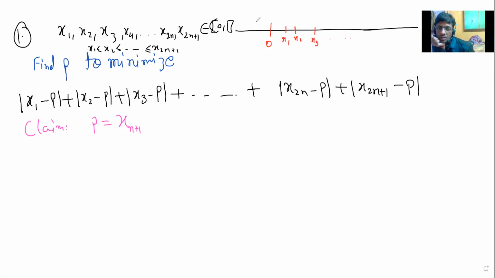But in this case, induction. Okay, how do you use induction? But let's do it for an odd number first. What's the conjecture, what's the claim for an even number of points?